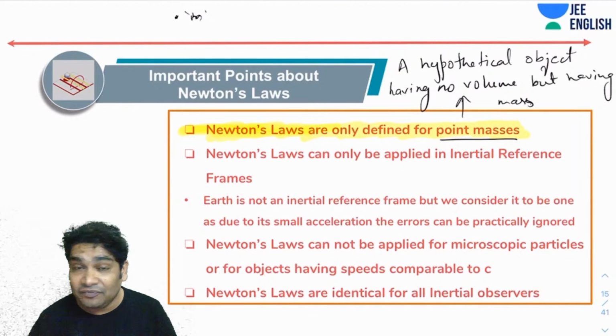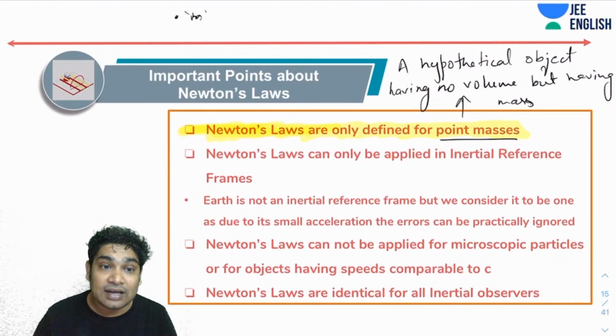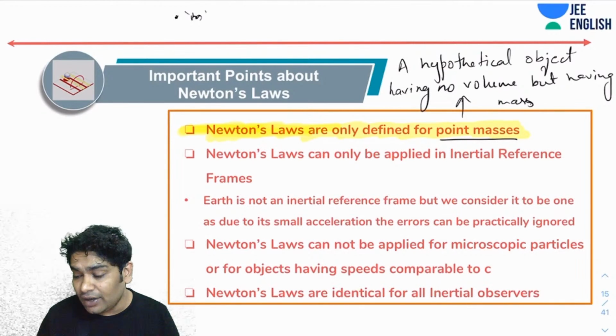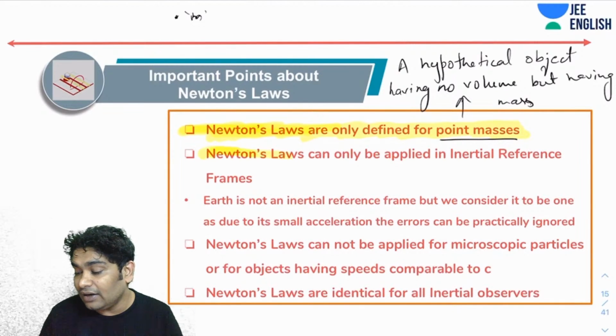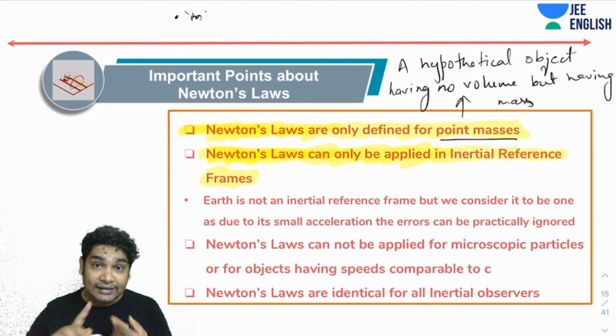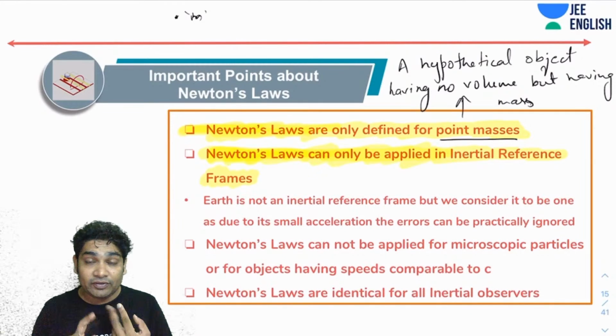Okay. Next, we discussed in the last class that Newton's laws can only be applied in inertial reference frames. Inertial reference frames are those in which the law of inertia holds true, and the observer of an inertial reference frame was called an inertial observer. The observer of such an inertial frame would be either at rest or moving with a constant velocity.